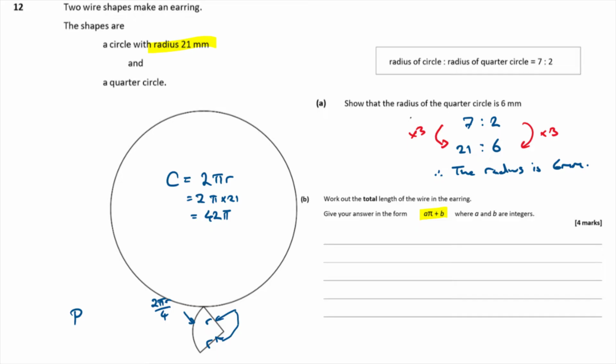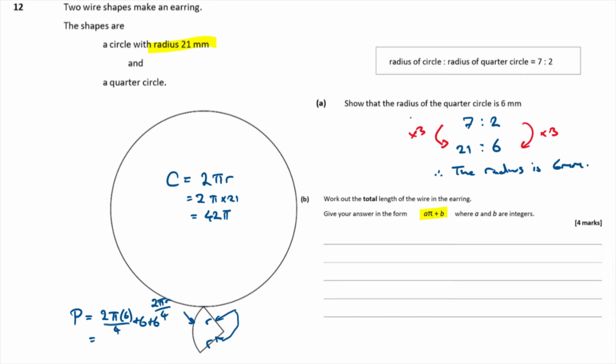Now we worked out here that the radius is 6. So our perimeter is going to be 2 pi r, which is 6, divided by 4 because it's a quarter of a circle, plus 6 for the radius, plus 6, isn't it?